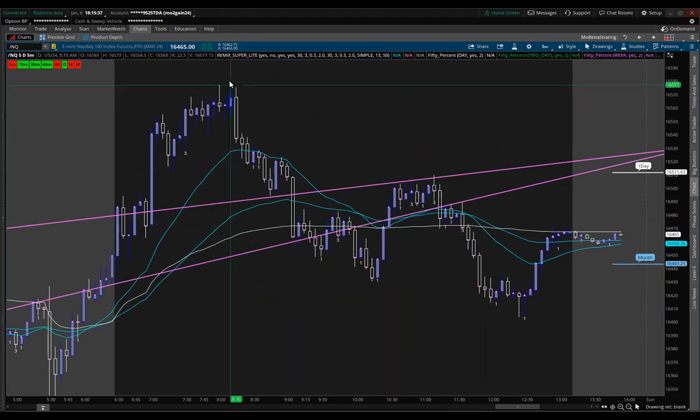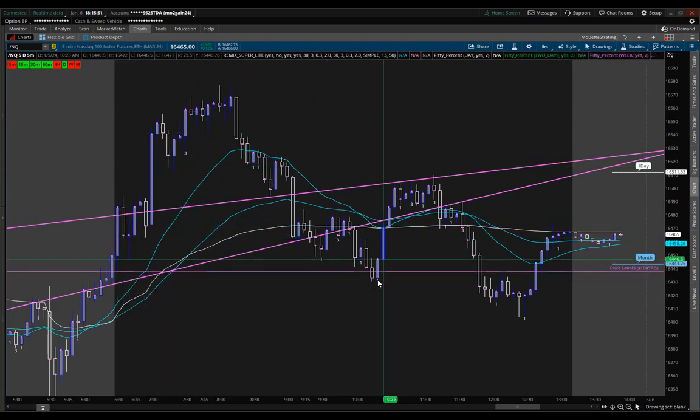So if you look at it, it came down, it created a new low. The low for the day was here. Put a purple line here so you can see it. This was the original low of the day. It came down and broke it. So now we know that buyers are no longer in control because we created a newer low. So now we want to measure this pullback right here.